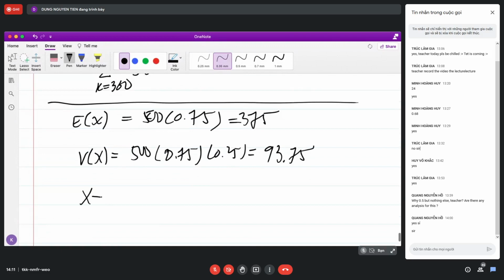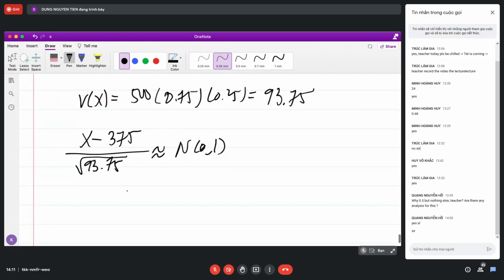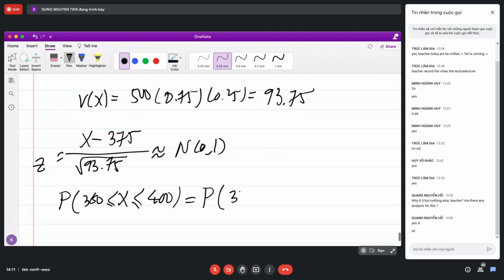So I can see that (X minus 375) over the square root of 93.75 should approximately follow the standard normal distribution N(0, 1). I denote this one by Z. The probability that X is between 360 inclusive and 400, then I need to use continuity correction. So I get 359.5 less than X less than 400.5.